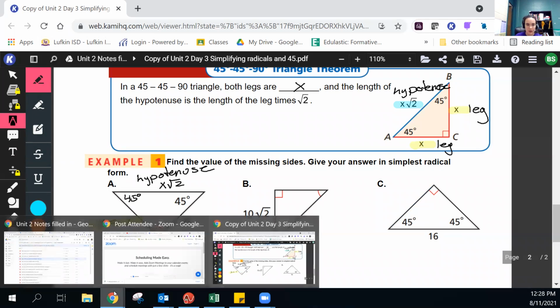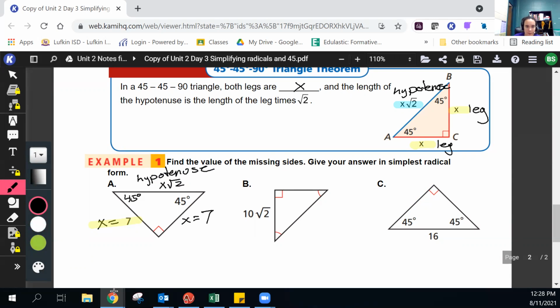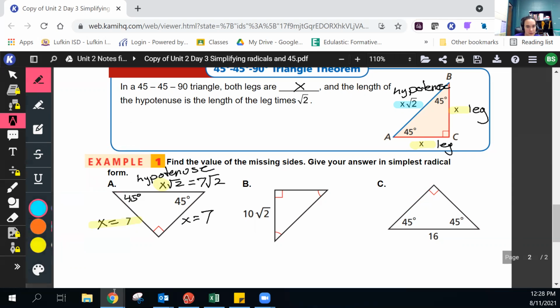It's labeled. So that means that I can go down here and say that this side also equals 7. And I can come up here and plug that 7 in for x. So that gets us 7 times the square root of 2. So I've got my answers: 7 square root of 2 for my hypotenuse and 7 for the other side length.